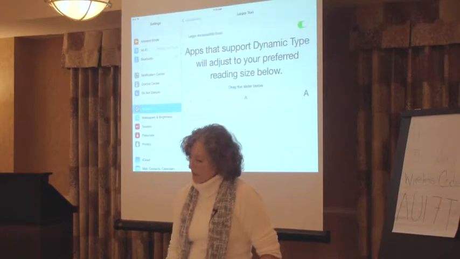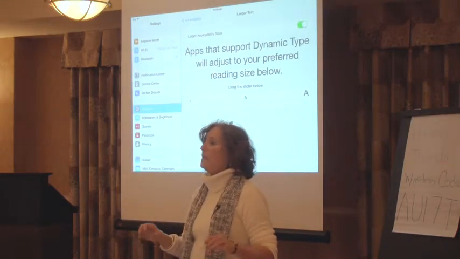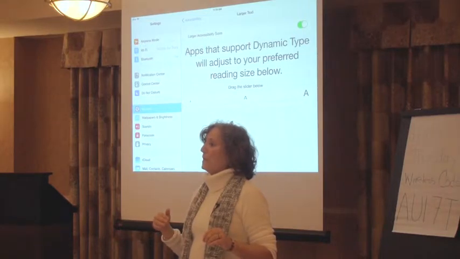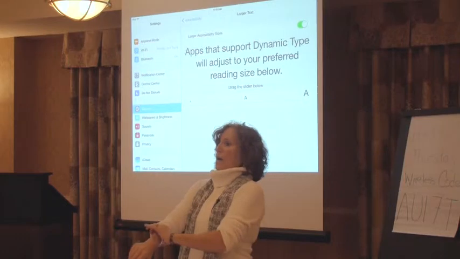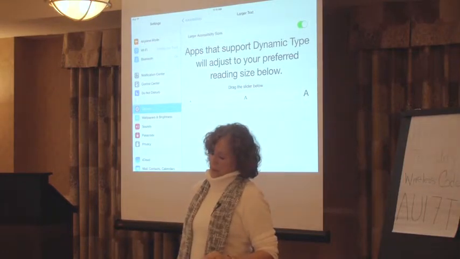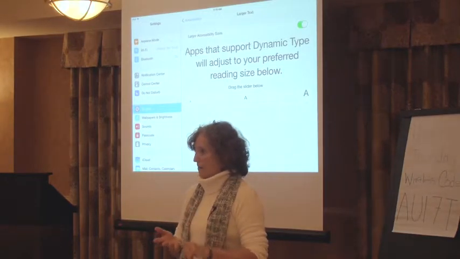I can also assign larger text to onboard apps easily. If I have a visual impairment, or kids with LD like to type in larger text, those are in Mail, your Notes app, etc.